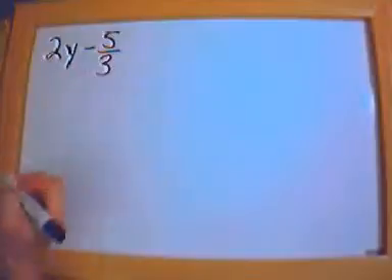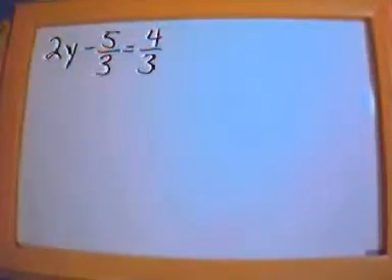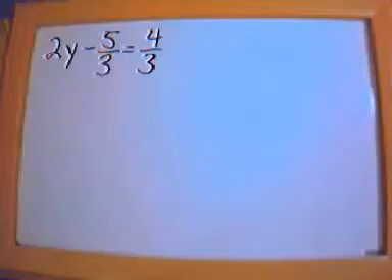So let's move on and do one that looks like this. Let's say we've got 2y minus 5/3, I've got a fraction in there, equals 4/3. Okay, there's a couple different ways to do this, but it's the same thing. I just got a fraction instead of a number.